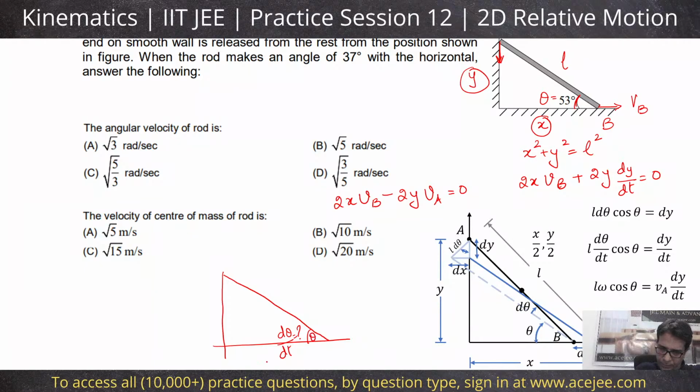The easiest way I can explain is, keep B fixed at that place. Now rotate the rod by the same angle d theta. You'll get here.